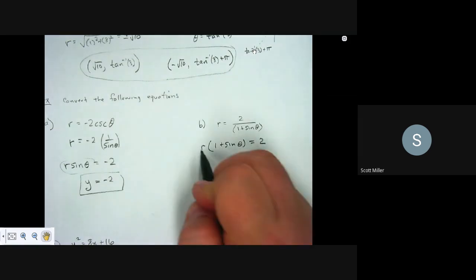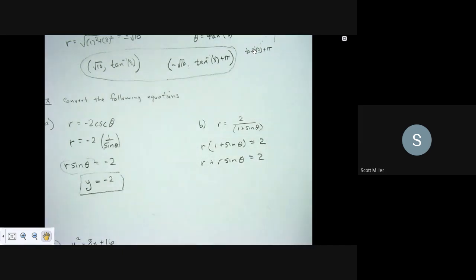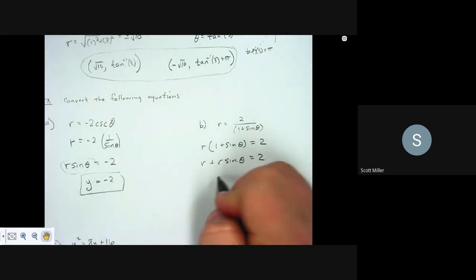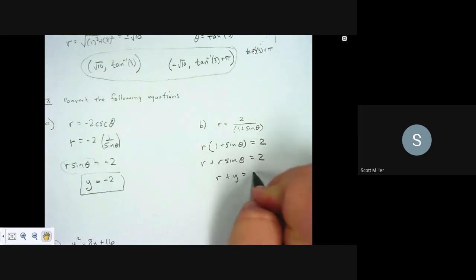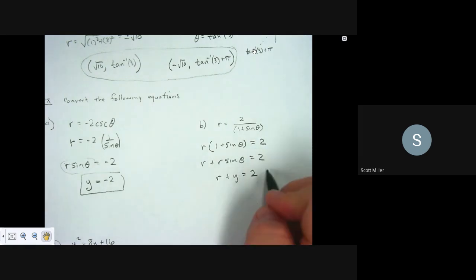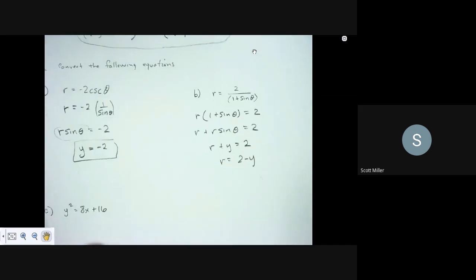Then I'm going to distribute the r. But that's the y. So now I have r plus y equals 2. Separate the y over here, and now I have that.